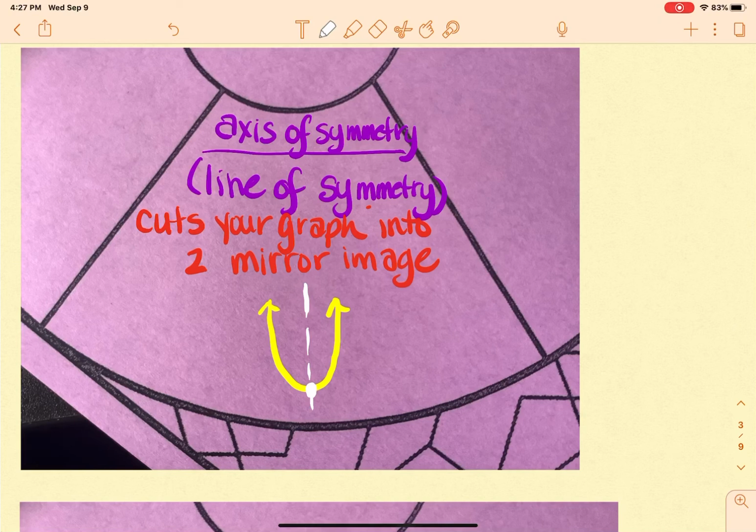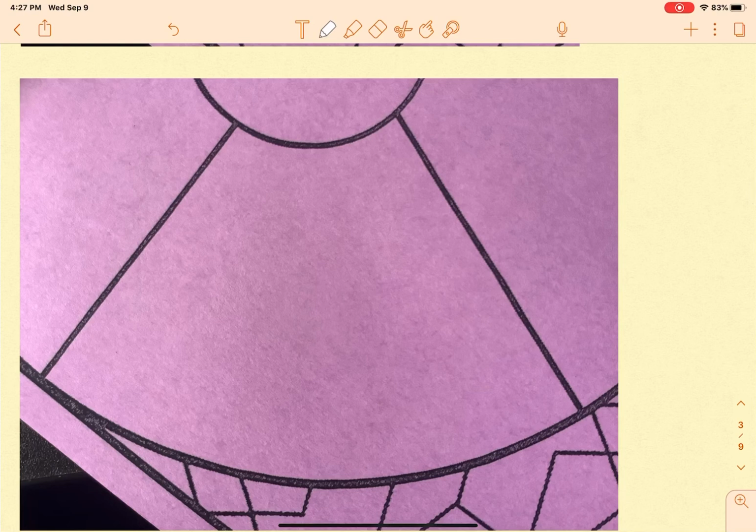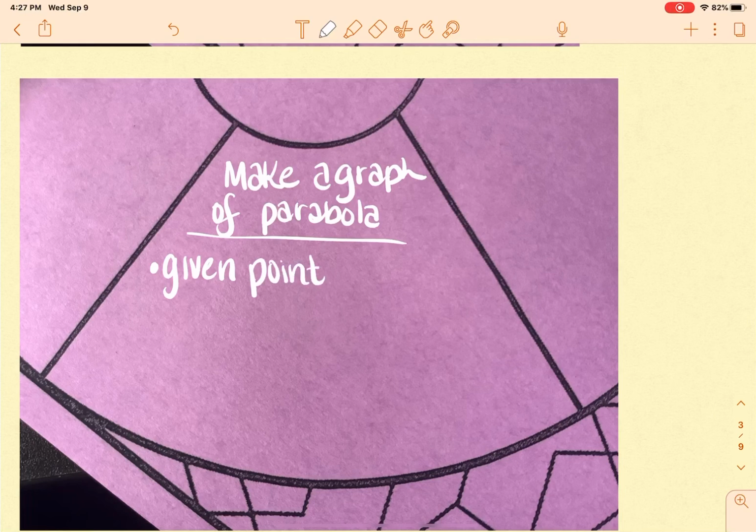Okay, there's one more piece that I want to talk about before we go on, because we're really going to be talking about being able to make a graph of a parabola. So if I'm going to make a graph, there's really a couple different ways that you can do it. It can be done if you're given the points and you can connect them.